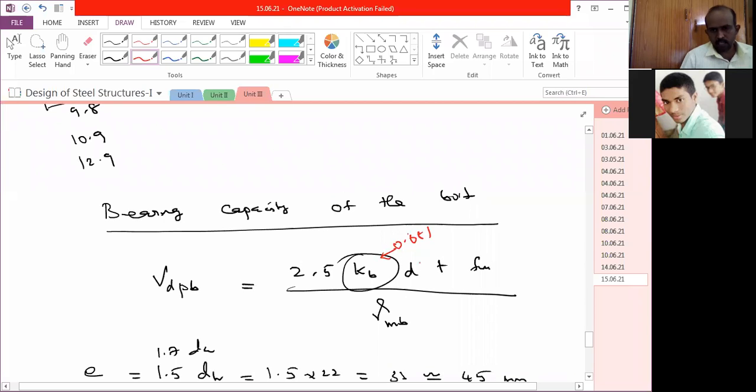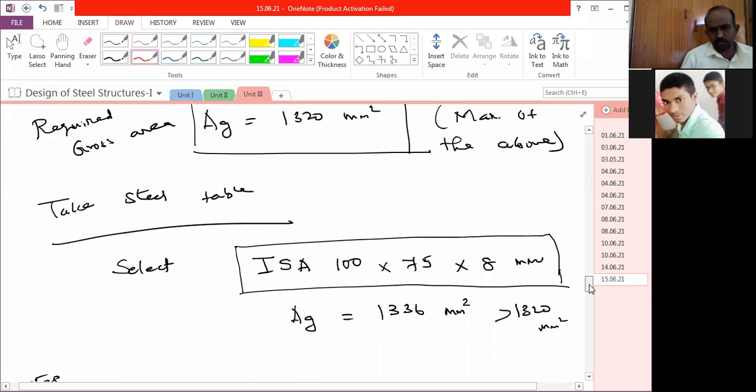And d value we know, 20 mm diameter of the bolt. What is the t value? So angle section we have assumed as 16 mm thickness. Gusset plate thickness is 16 mm. Whatever the angle we got, ISA, what angle we have assumed?